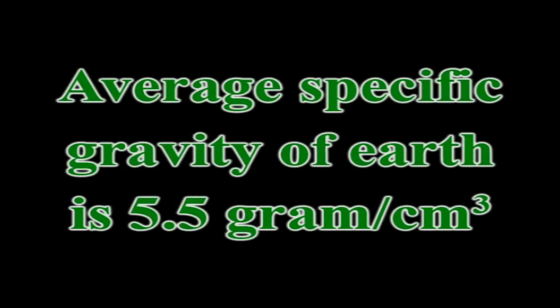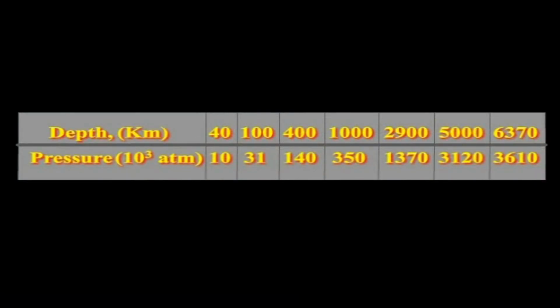The average specific gravity of the Earth is 5.5 grams per cubic centimeter, where the surface rocks, being lighter, have 3 or less than 3. The specific gravity increases towards the interior of the Earth, as the table already indicated, where it may vary from about 10 to 15 grams per cubic centimeter.